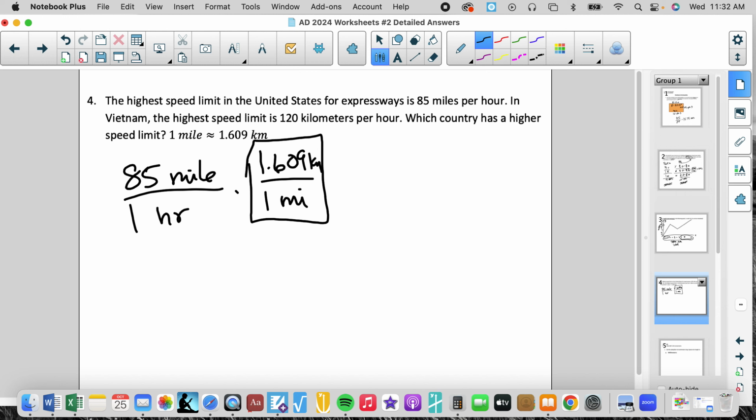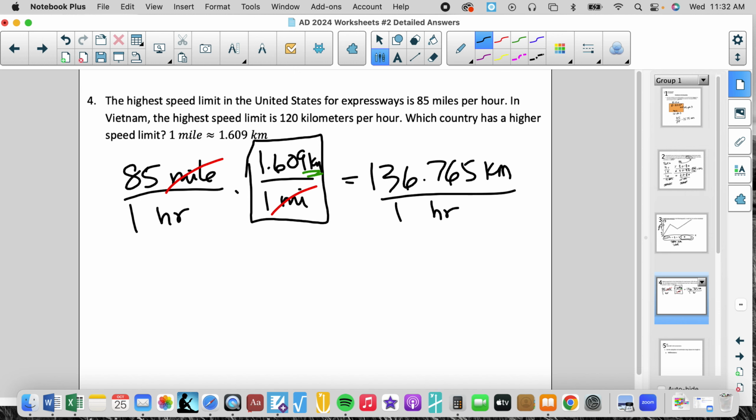I put the 1 mile in the denominator because I need to cancel it with the numerator. So I'm out of miles, and now I'm in kilometers in my numerator. So 85 times 1.609 gives me 136.765 kilometers per 1 hour.